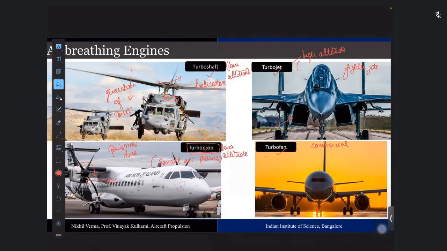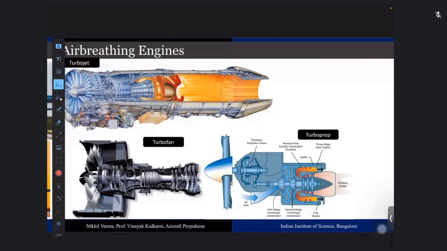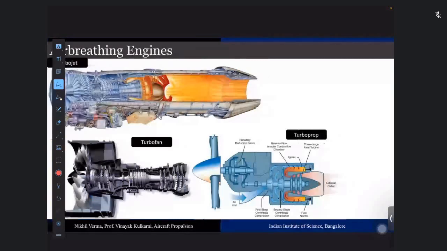The image here shows the difference between the air breathing engines for three types of aircraft: the turbojet, turbofan, and turboprop.